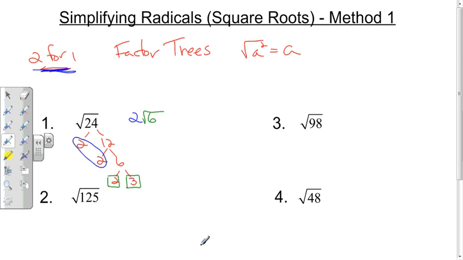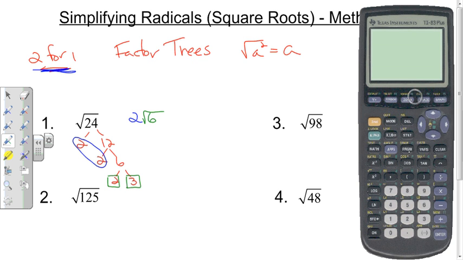If we look at the calculator, we see that the square root of 24 gives us this decimal, and then we have 2 times the square root of 6, which we don't need the times sign on the calculator, nor when we write it.